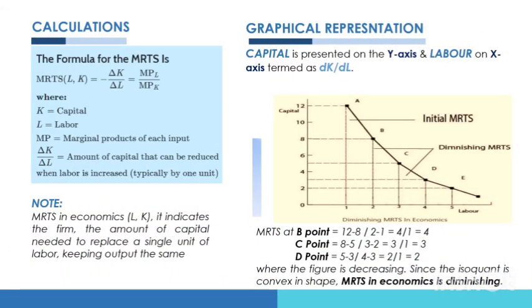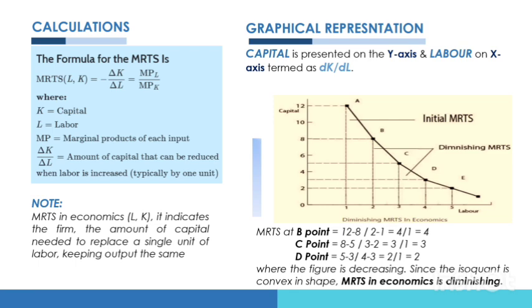Here is the graphical representation of MRTS. Here the x-axis is labor and the y-axis is capital. The curve slopes downwards from left to right, indicating that as you increase labor, you need less capital to maintain the same output.